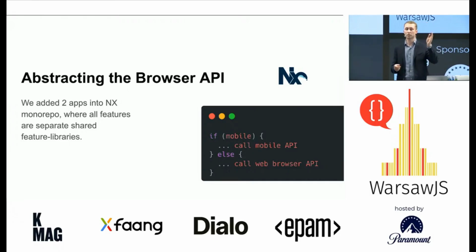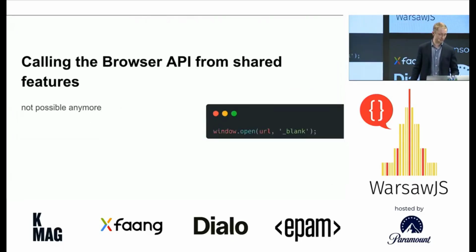If we are in a mobile setup, do one thing. If we are in a web setup, do another thing. And this is what we want to avoid at any cost, because this makes the whole app unreadable and unmaintainable. So for example, we had to open a new tab from some feature, and this is not possible anymore on mobile because there are no tabs at all.